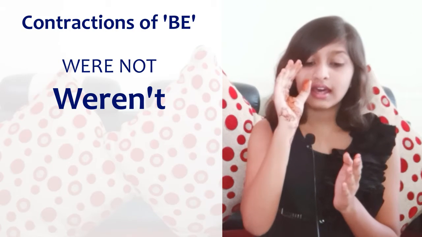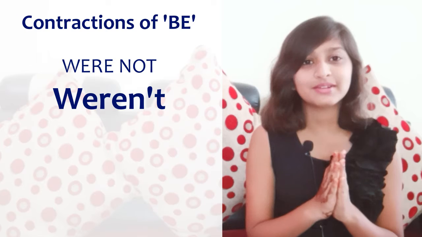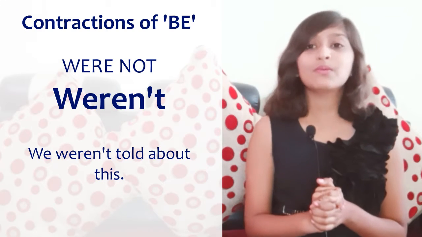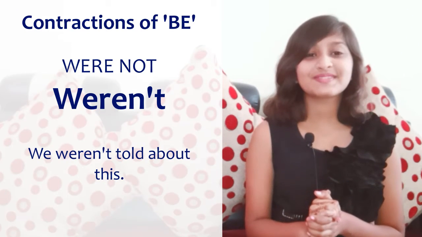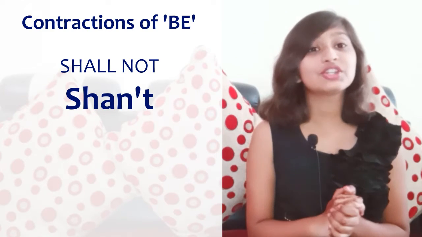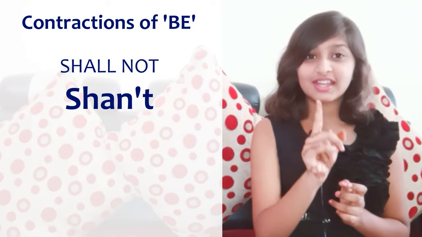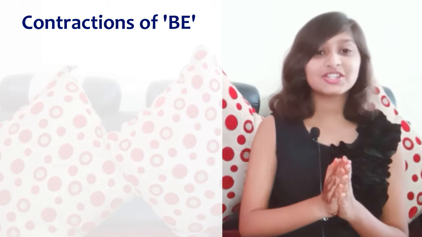Here again, I replace the o with an apostrophe and I join those two words together. For example, we weren't told about this. And lastly, the contraction of shall not is shan't. No, it's not shalln't, it's shan't. And don't ask me why, it is just the way it is, shan't.